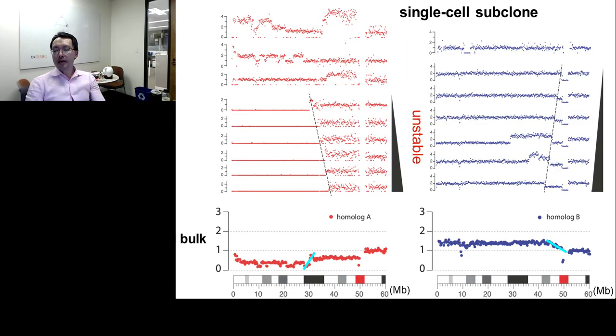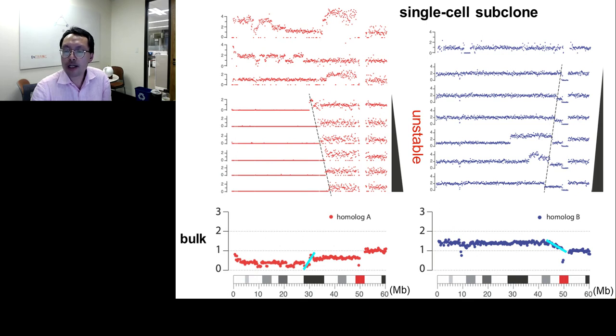Now on slide 30, I'm showing you another example that showed very similar features as what we just saw in the previous sample for the blue allele. In this case, we see that both the red homolog and the blue homolog show this varying DNA copy number that is non-constant between different cells.